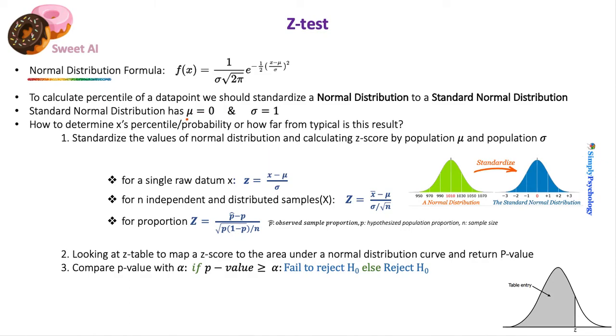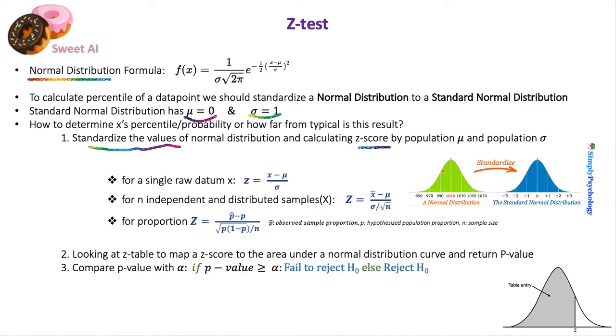It's a distribution that has a mean of 0 and a standard deviation of 1. So we need to standardize the value of the normal distribution and calculate the z-score using the population mean and population standard deviation.